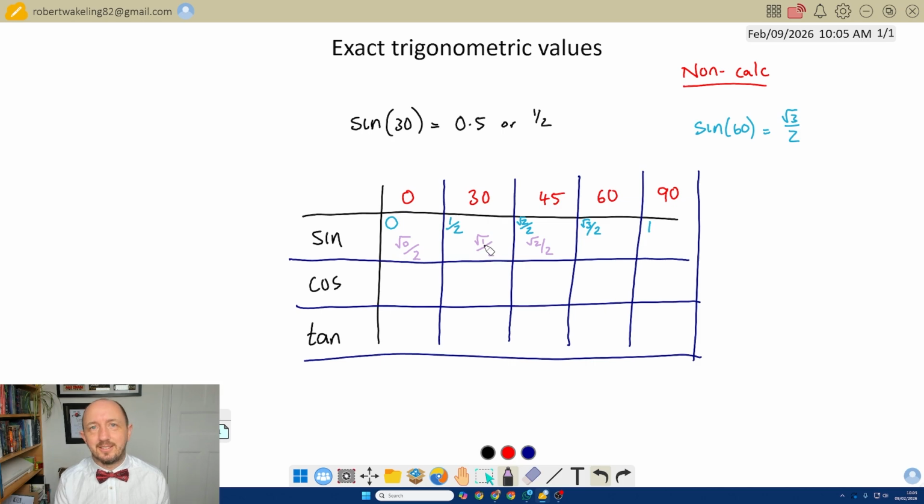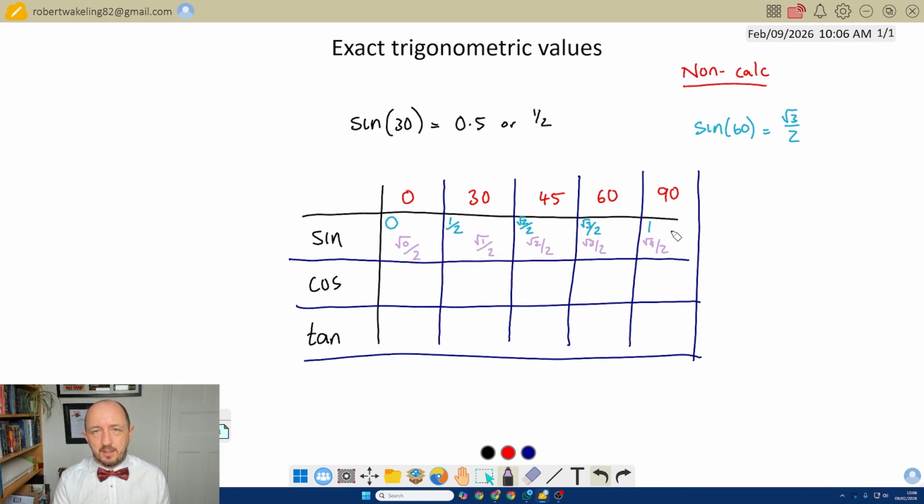Root 1, square root of 1 is 1 over 2. Root 2 over 2, root 3 over 2, and root 4 over 2. Square root of 4 is 2, divided by 2 is 1. So there's a little pattern there that you can use to help you if you wish. Okay. Ideally, you would just be able to go, sine 30 is a half, like that.